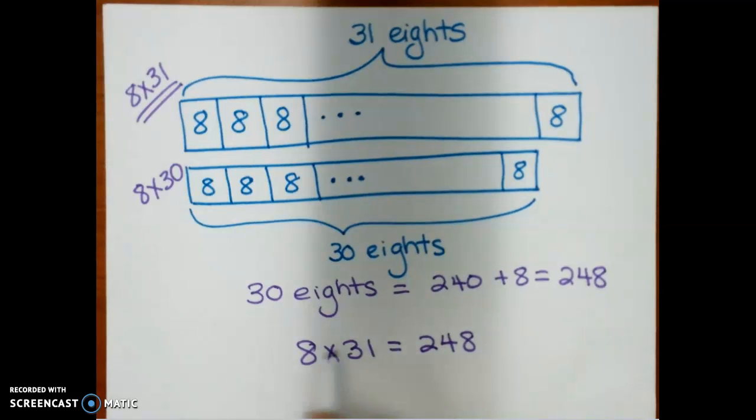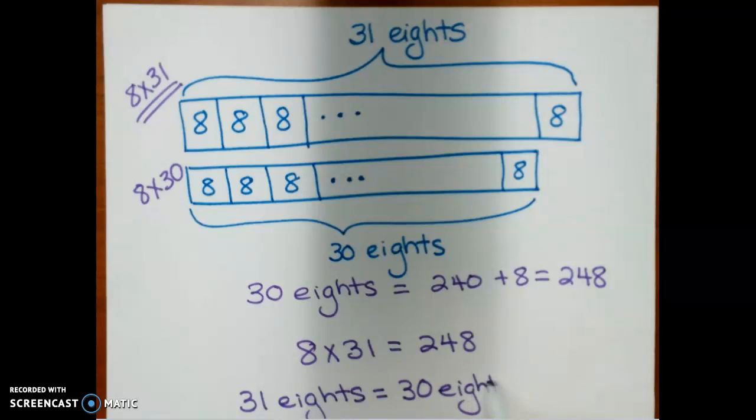So I can also write this as 31 eighths equals 30 eighths plus 1 eighth.